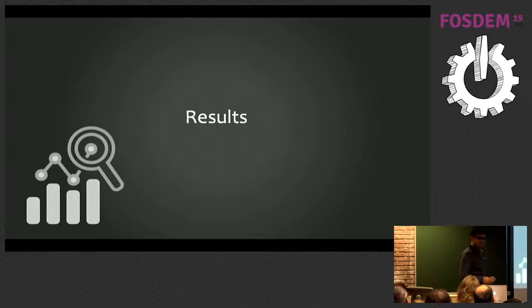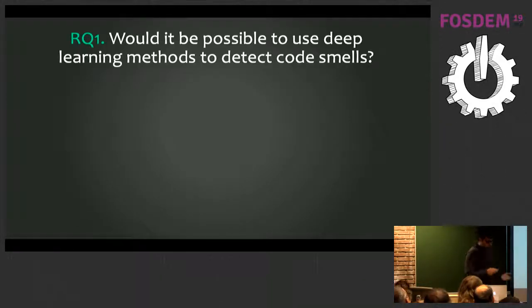So, what did we get? Before I go into that, I said initially that we started without any knowledge of machine learning. So the first thing I did was figure out accuracy.